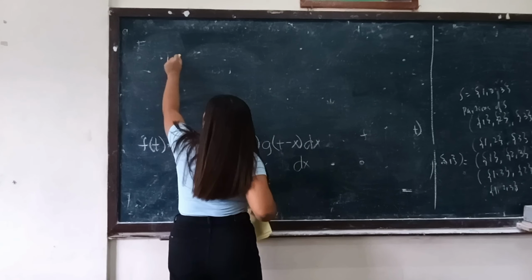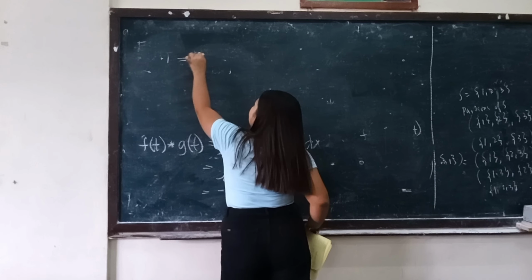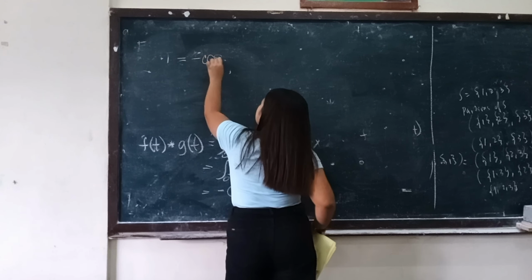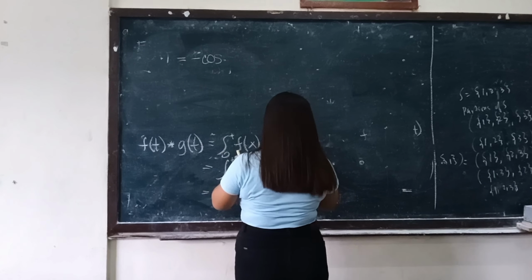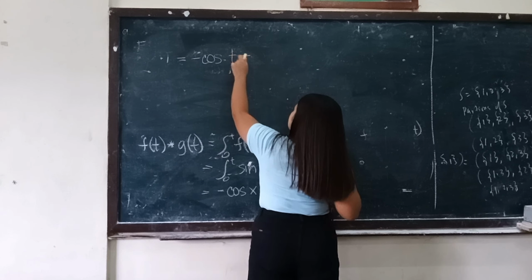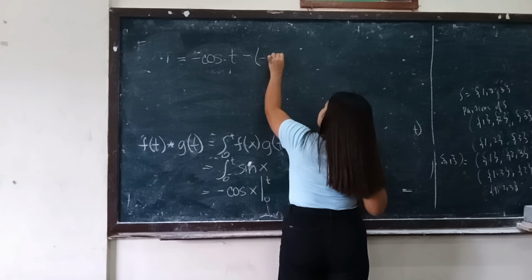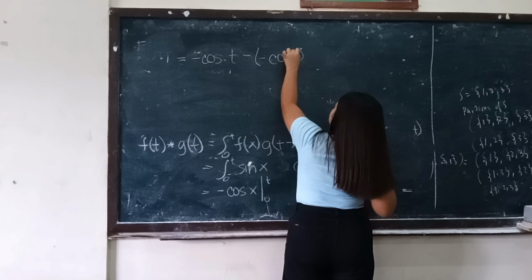This will be equal to negative cos t minus negative cos 0.